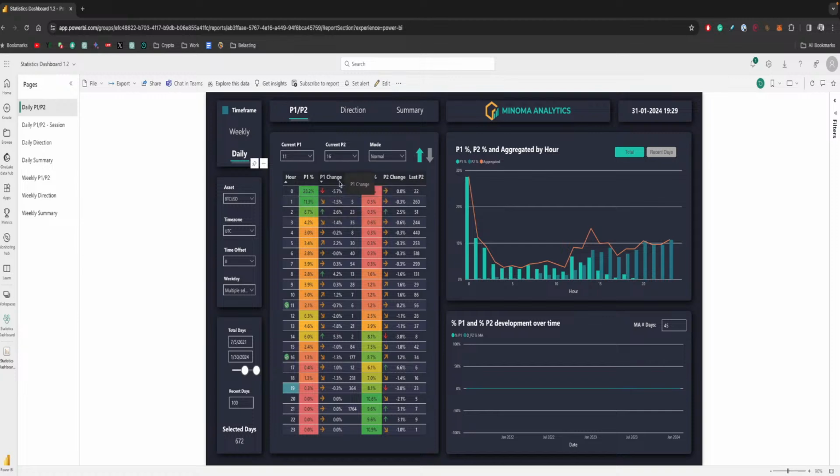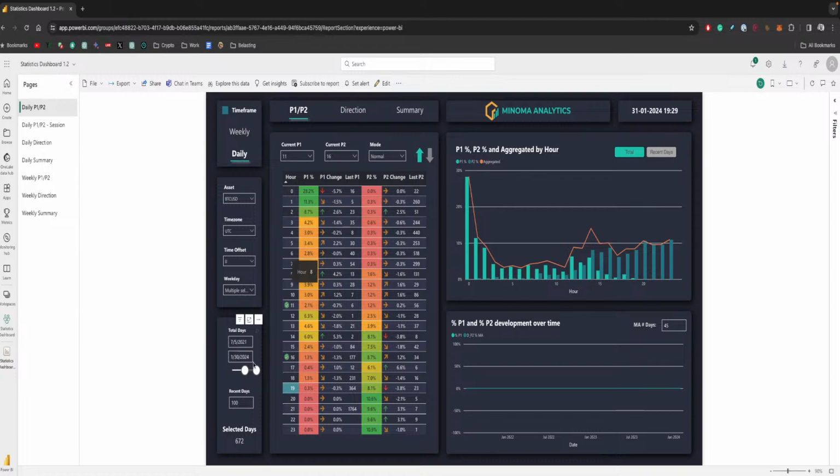The other part is P1 change. And this one is also very important. What the P1 change is doing is measuring how much, so this percentage is calculated on this date range, right? We're seeing in this date range how often P1 is put in at hour 0, in the first trading hour of the day.